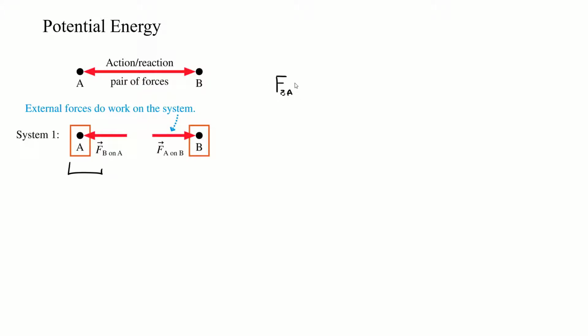It's going to move. So there's going to be some work, force times delta x, and it's going to have some increase in kinetic energy, right? If it gets pushed that way, it's going to accelerate that way and increase its kinetic energy. So this is the work done on object A.